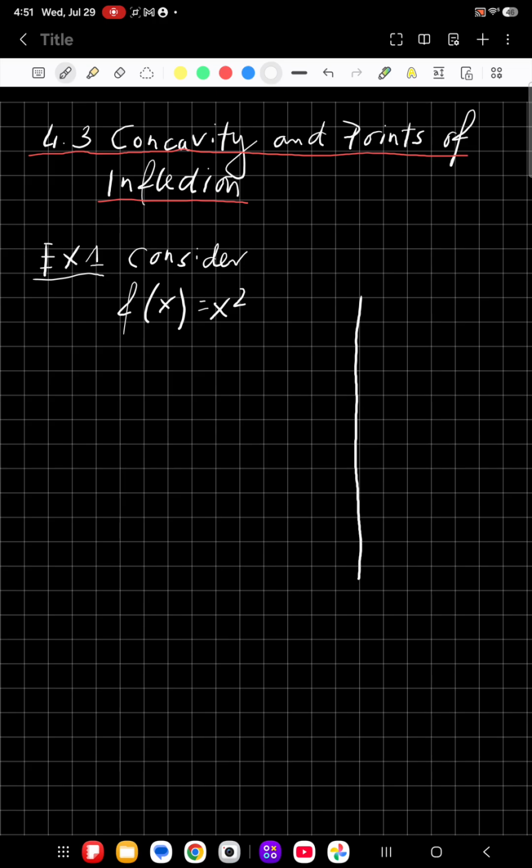The point of this lesson is to be able to figure out what the concavity is without seeing the graph, analytically. When you look at y equals x squared, you see that it is concave up, it's opening up. So let's write it: concave up.